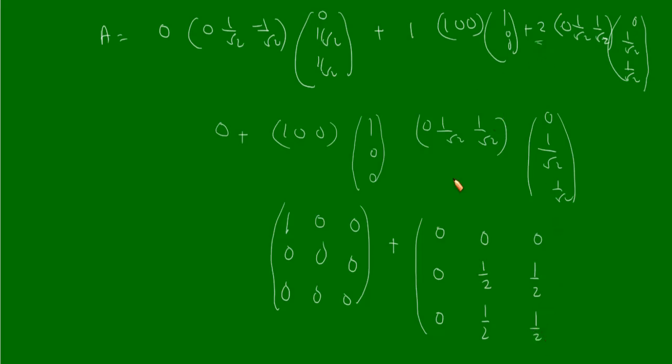Now you have a 2 here, so you have to multiply by 2. When you multiply by 2, this 1 by 2 will become 1. Here you will have 1. Again 1 by 2, 2 by 2, that will be 1. Again you will have 1 here if you multiply this 2 inside. Now you have to add these two matrices. If you add these two matrices, then you will have this 1 here, then 0, 0, 0, 0.